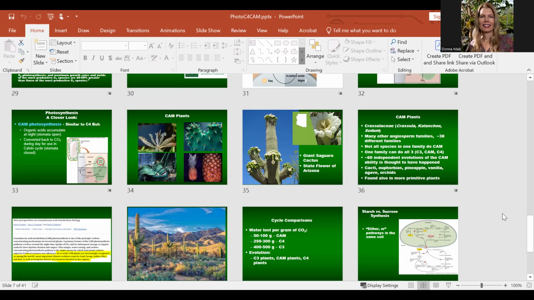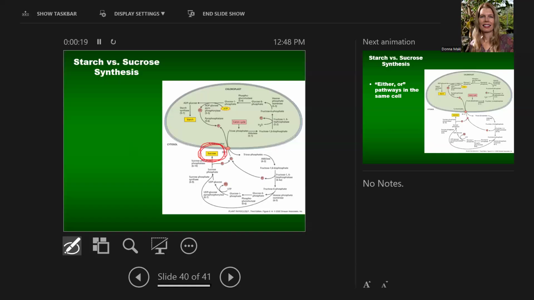One thing that several of you missed on your assignment was what is the sugar made? So that will be on the exam. That's this slide. The sugar that's being made that the plants care about is right there, sucrose.